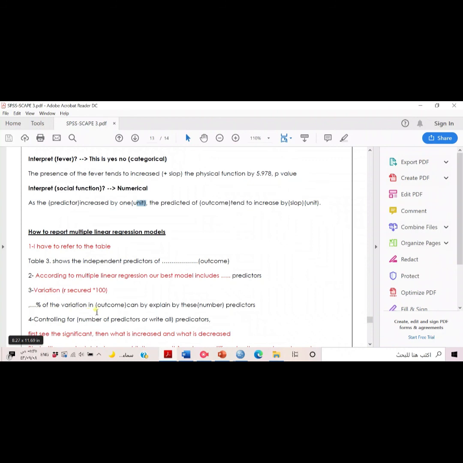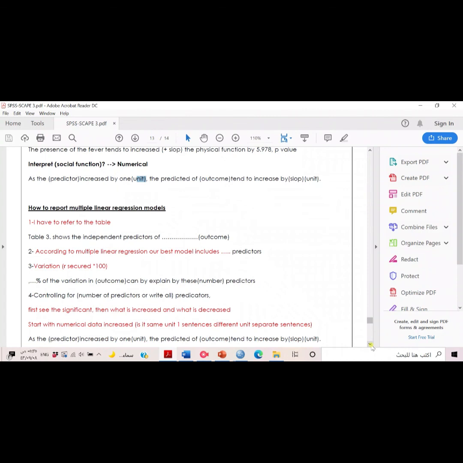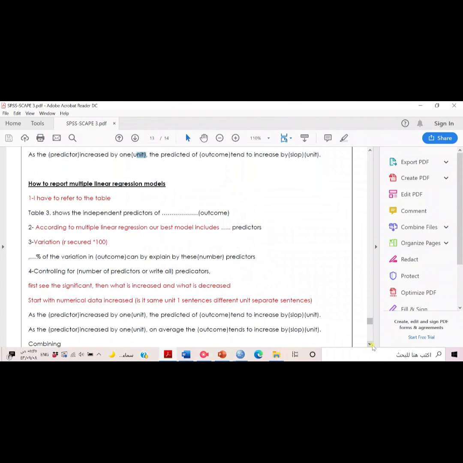So I will say, for example, 27% of variation in the outcome can be explained by these predictors. And then I will move to the coefficient table, and I will see the significance, and I will see if it increases or decreases by checking the slope.